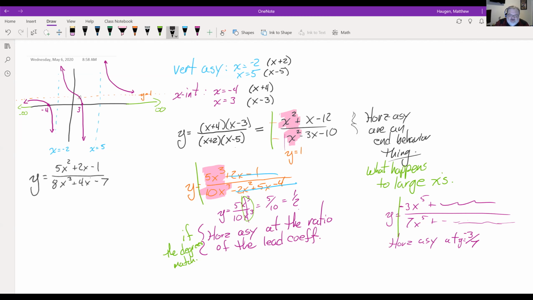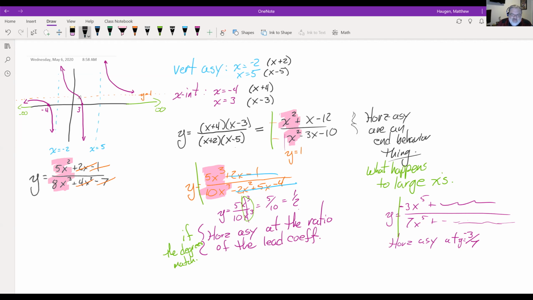Doesn't matter what the 2x minus 1 and the 4x squared minus 7 are. I'm just making something up there so it looks like there's something there. End behavior is a lead coefficient argument. So essentially, these don't matter, those don't matter. What we're comparing is that 5x squared and 8x to the third.